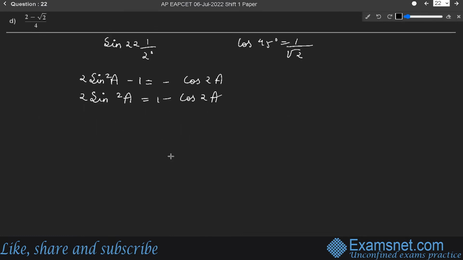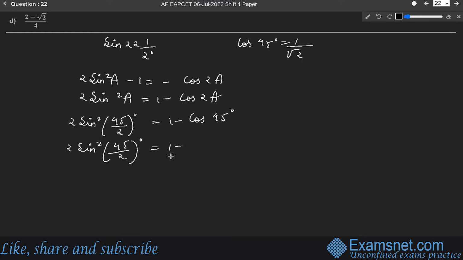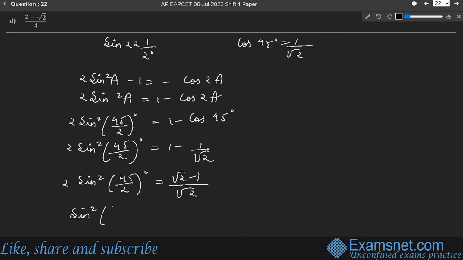So 2 sine square 45 by 2 degree will be equal to 1 minus cos 45 degree. So 2 sine square 45 by 2 degree will be 1 minus 1 upon root 2, which gives 2 sine square 45 by 2 degree is equal to root 2 minus 1 upon root 2, and sine square 45 by 2 degree will be equal to 1 by 2 minus root 2 by 4.